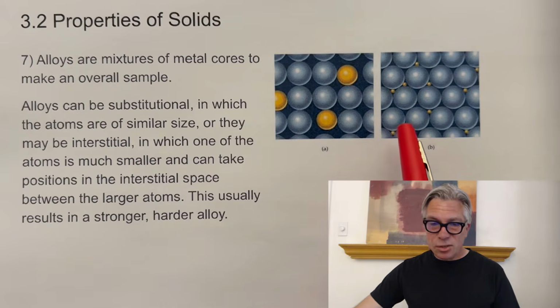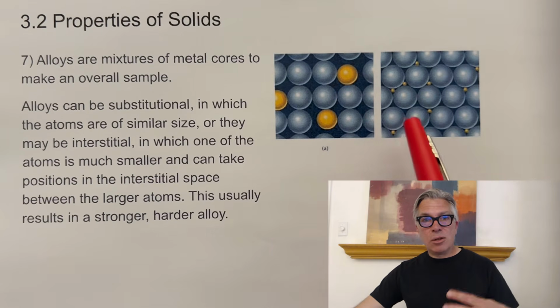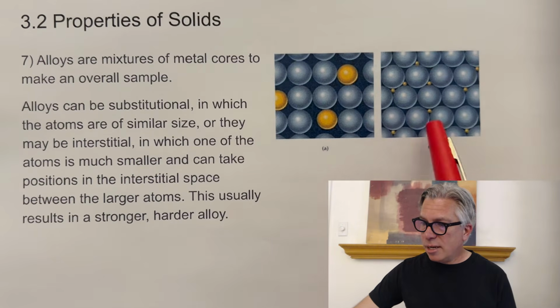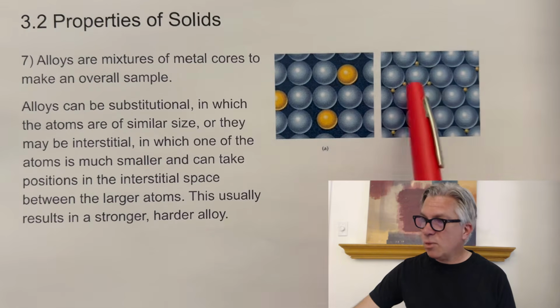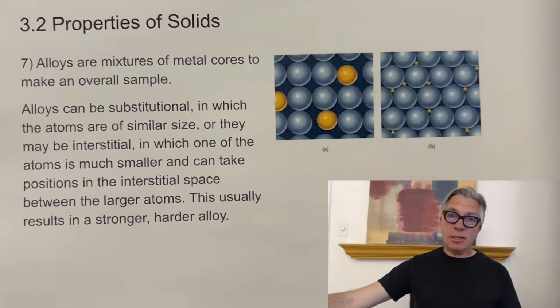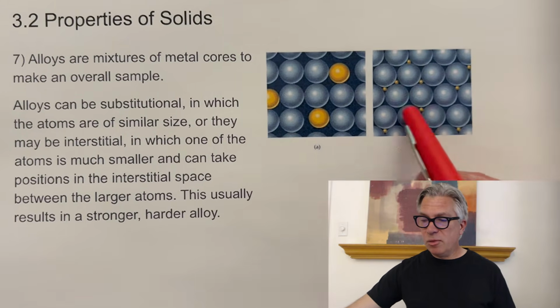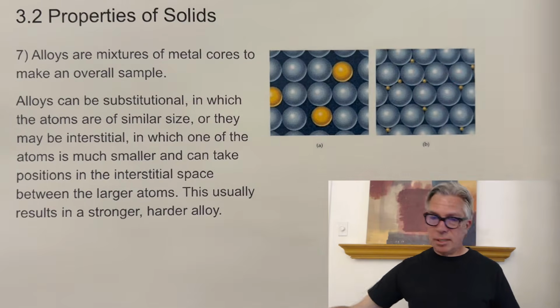Or interstitial, which are cool because you add a tiny atom in with a larger atom, and the tiny atom can actually take up that interstitial space in between the atoms, making the alloy much harder, such as carbon steel being harder than regular steel because the carbon atoms get in there and inhibit the movement of the bigger atoms. So that's exciting.